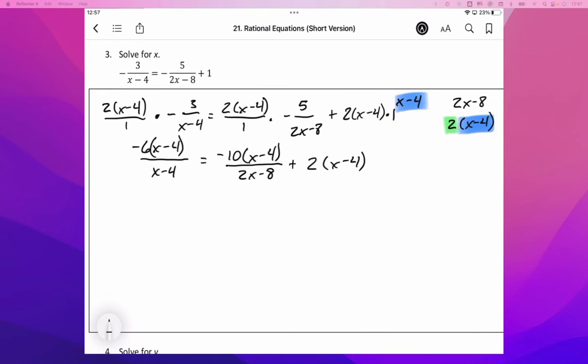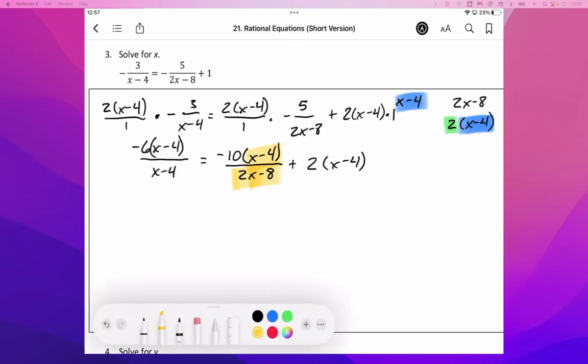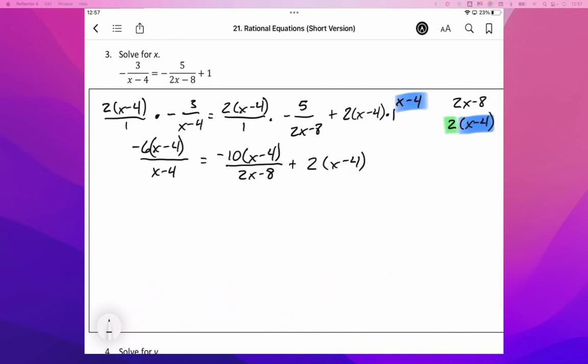And so what we've got to notice is that here, if I factor that denominator 2x minus 8, I will have an x minus 4 that is going to cancel out for me. So my next piece is going to be to factor that denominator. Two times x minus 4, and then plus our 2 times x minus 4.